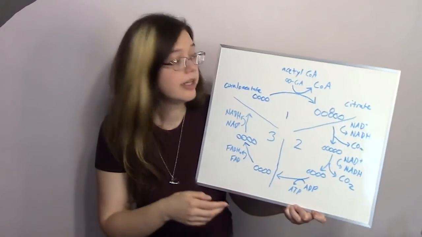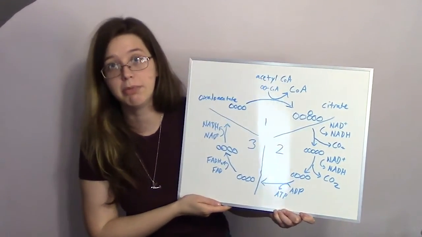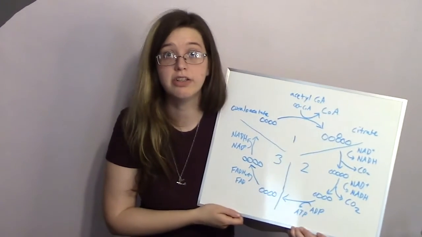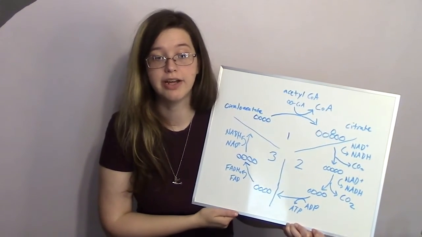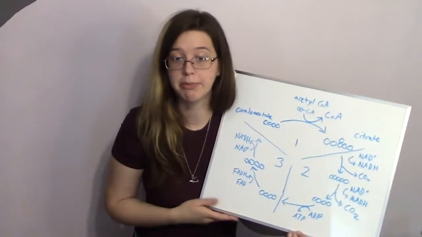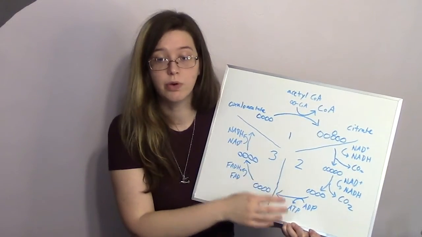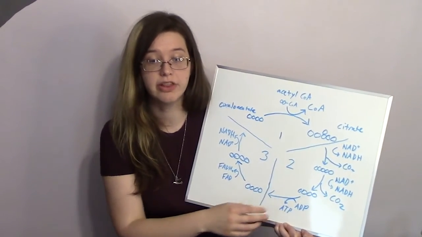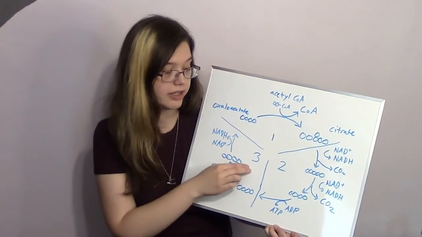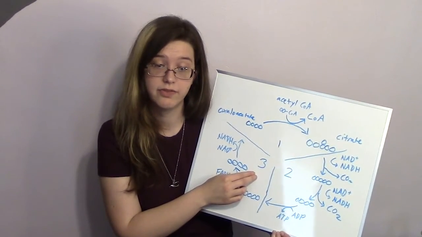This is happening for every acetyl-CoA. We need to keep in mind that we made 2 acetyl-CoAs during the process of pyruvate oxidation. So this entire cycle is happening twice. Once we've got the 4-carbon molecule, we have the 3rd section, and this 3rd section is for the regeneration of oxaloacetate.